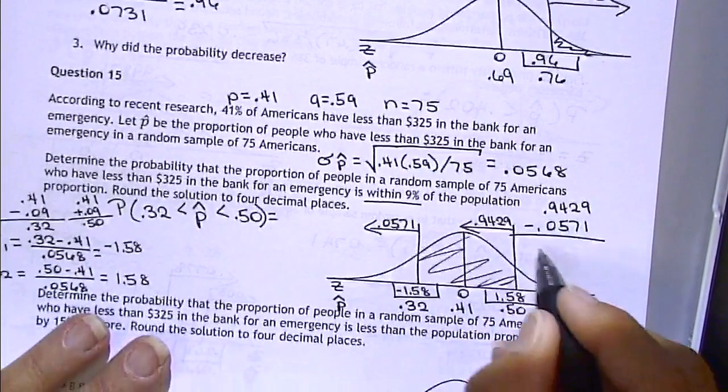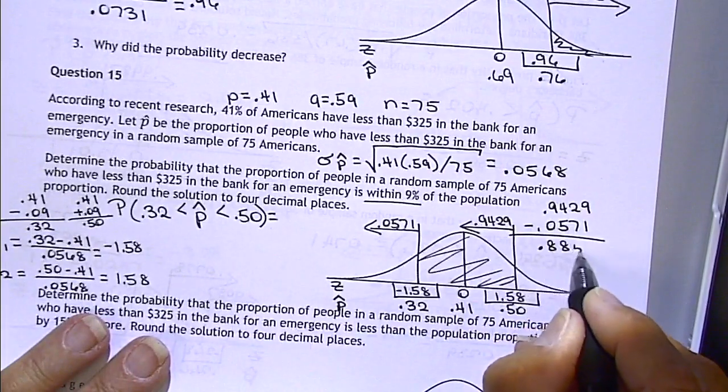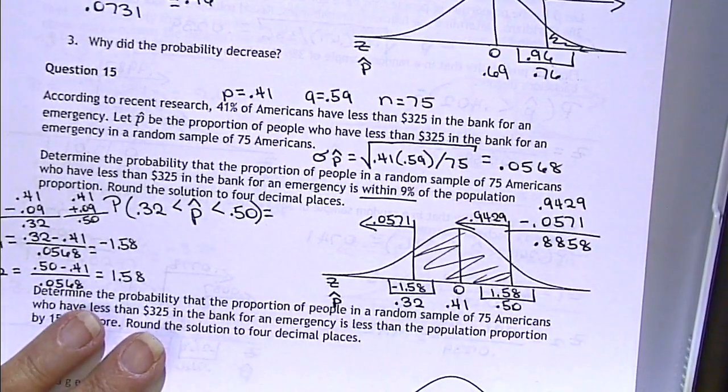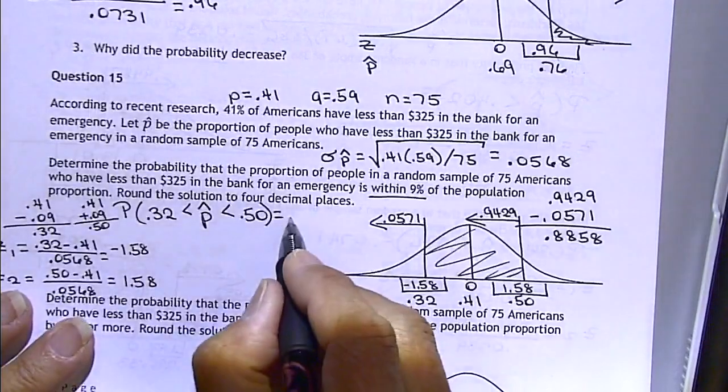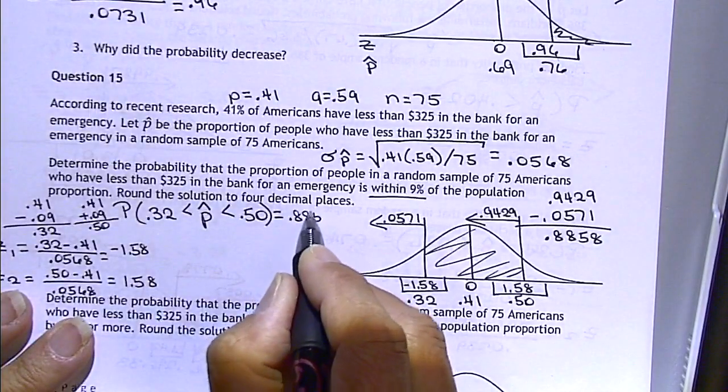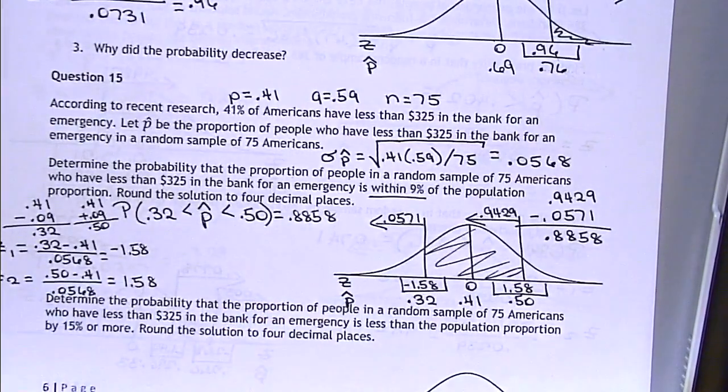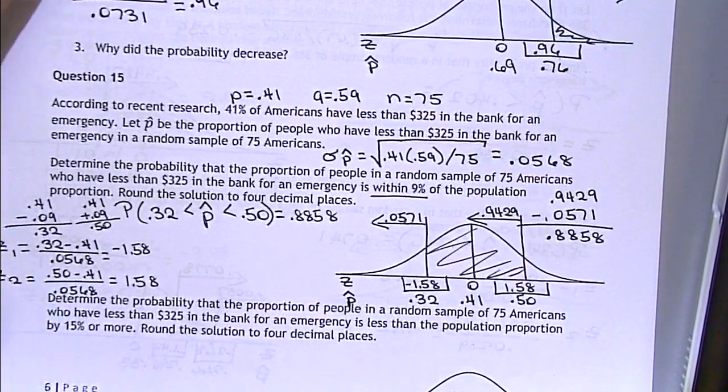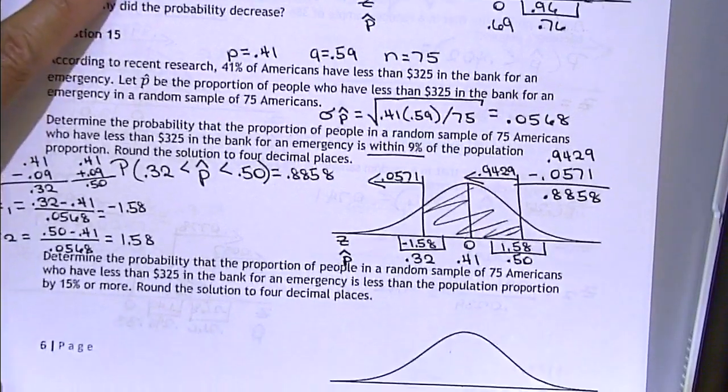And I got 0.8858. I think I got that right. That's my probability that it's going to be between those two. In other words, it's going to be within 9% of the population proportion.